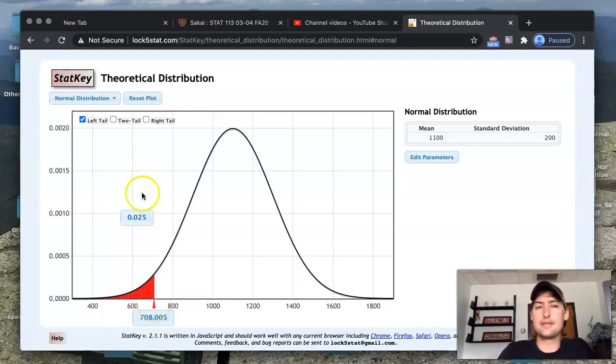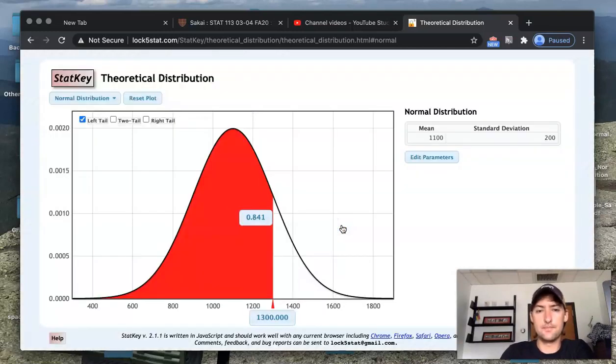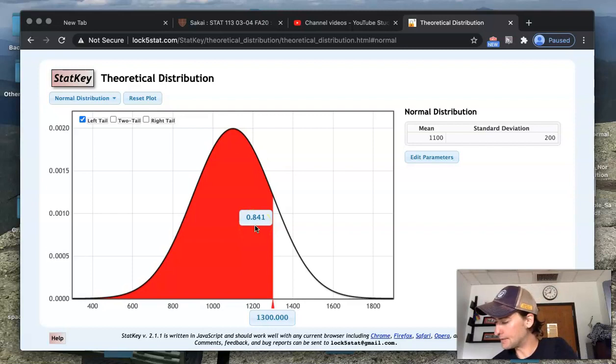To find the exact percentile, I'm going to change this bottom value so that the cutoff is 1300, which was what Anne had scored. After we do that, we see that the area is 0.841. We had guessed that it would be the 80th percentile, and Anne is actually the 84th percentile, 84.1.